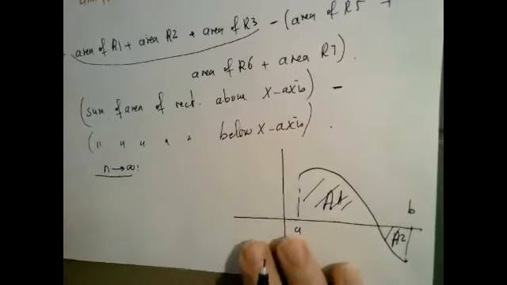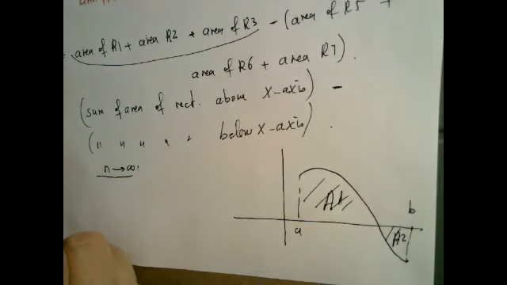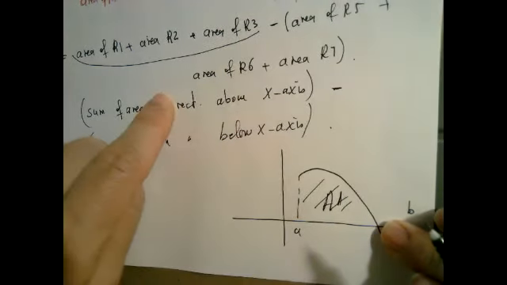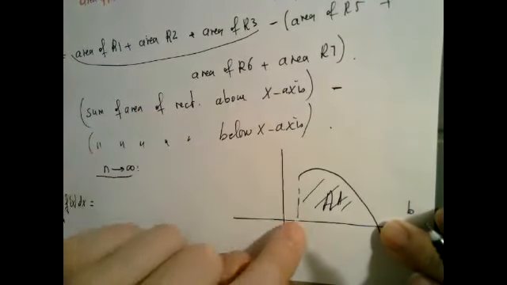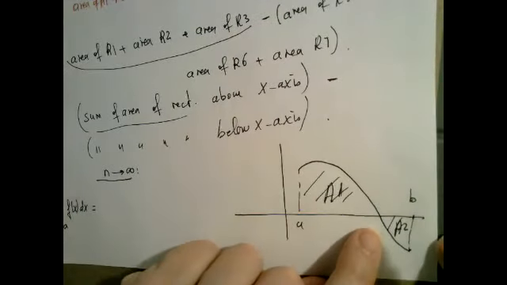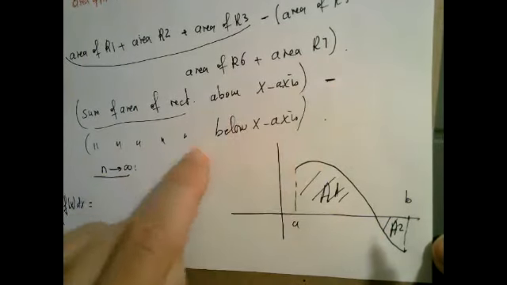When n becomes very large, those sums, which by now are the definite integral, become the following. For the part of the graph above the x-axis, the Riemann sum gave me the area. For the part below the x-axis, the Riemann sum gave me minus the area.